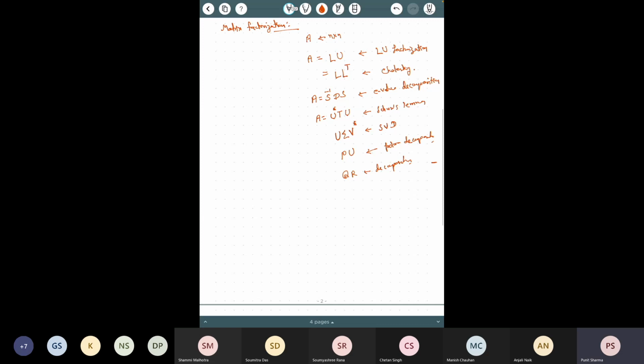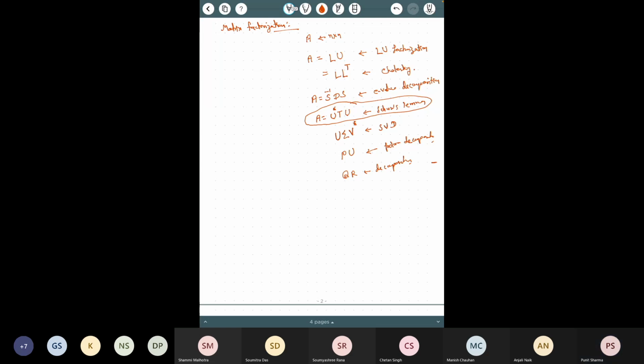From the practical point of view, all have their own advantages. Some have theoretical advantages, some have practical advantages, but the most useful factorization is Schur's decomposition, because using this we can do several things.